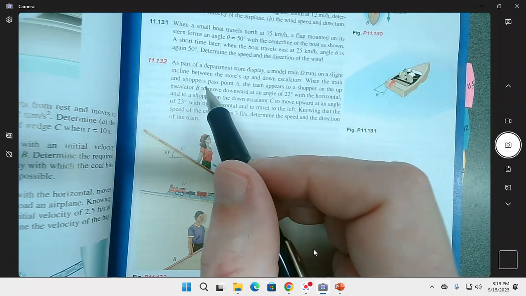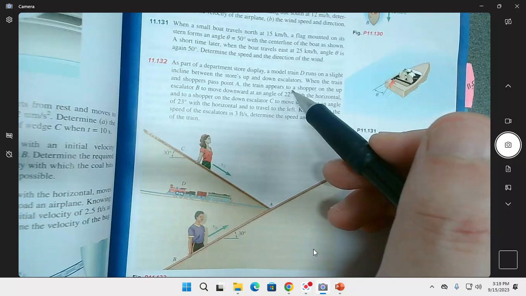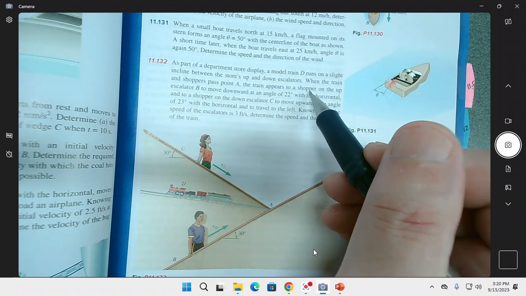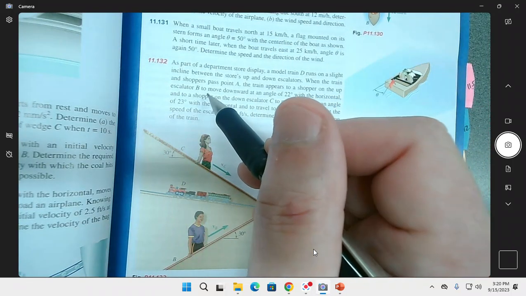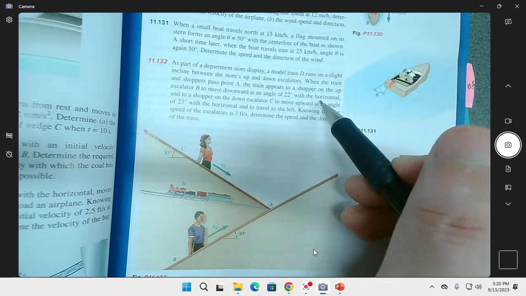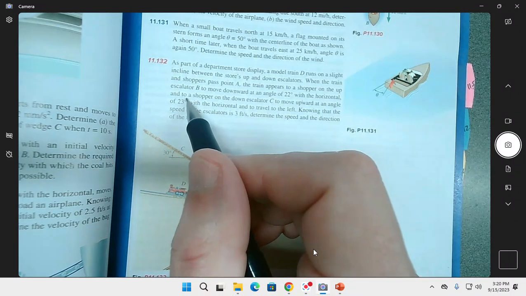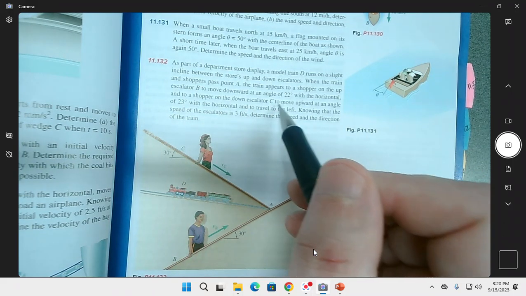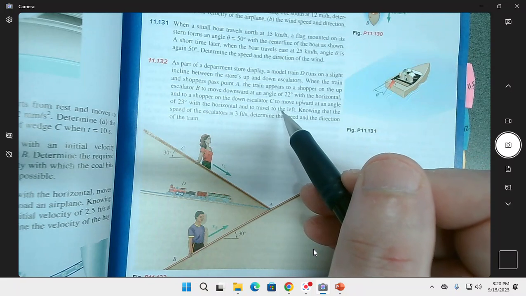When the train and shoppers pass A, the train appears to the shopper on the up escalator to be moving at an angle of 22 degrees with horizontal downward, and to the shopper on the down escalator C, this is a logic problem by the way, to move upward at an angle of 23 degrees with horizontal and to travel to the left.